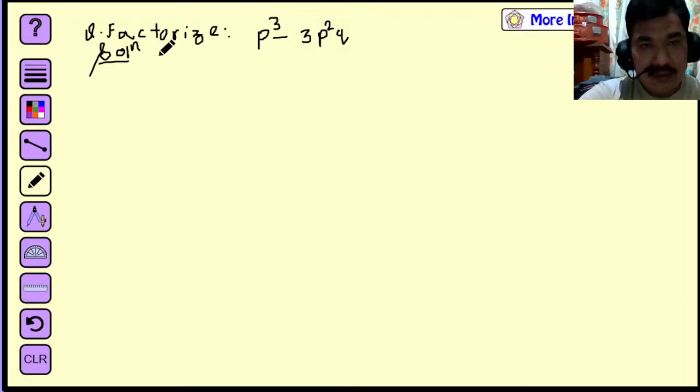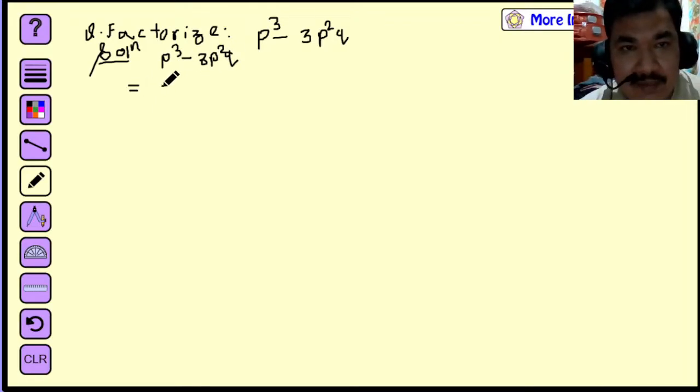Solution. Write here the equation: p cube minus 3p square cube. In this one, it is clearly seen that here is p cube, and here is p square. That means p square is the same. Then we can take p square common here.